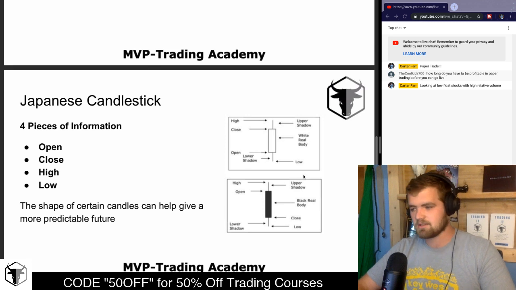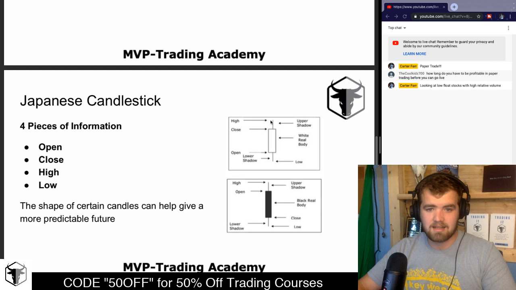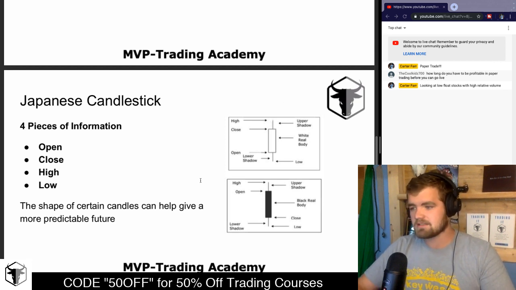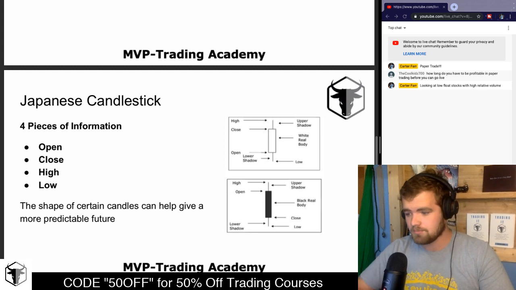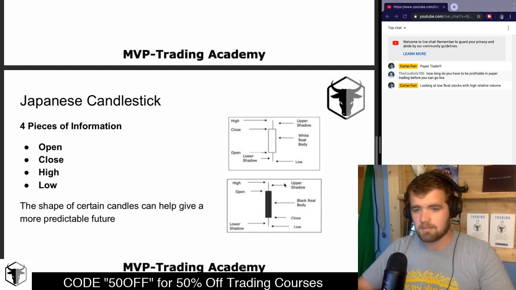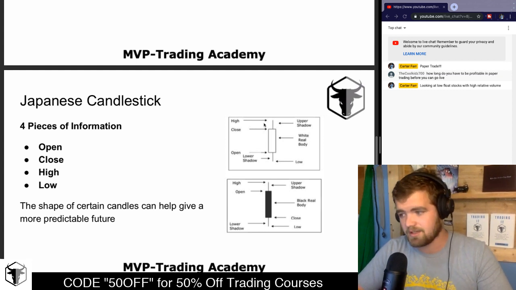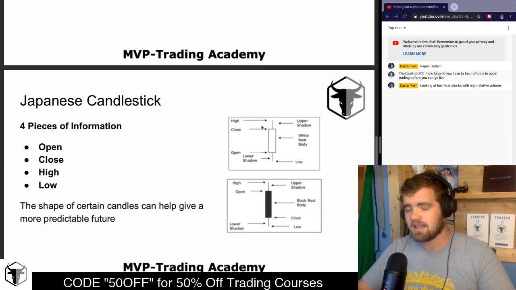Japanese candlesticks. So these right here are the candlesticks. If you're listening to this on the podcast, or on Apple Podcast, you guys can't see it, so I recommend going to Carter Farr on YouTube and pulling this up here, or you guys can just look up Japanese candlesticks. I'm sure you guys know if you guys are interested in trading. They're the candlesticks that you can see when you're looking at charts.